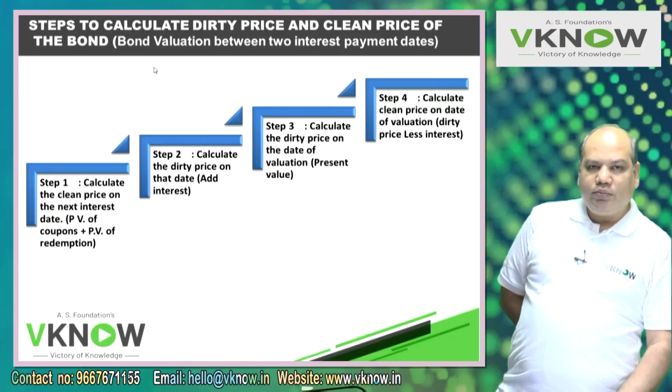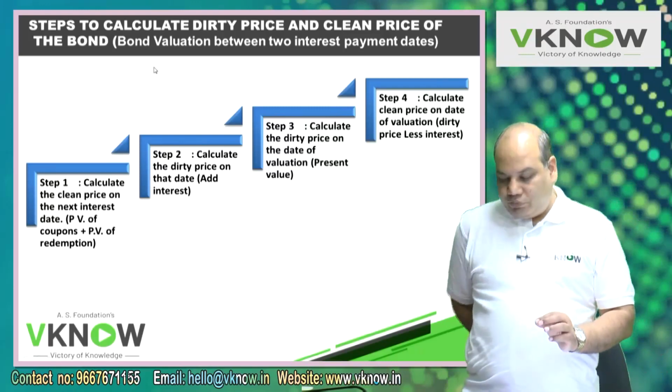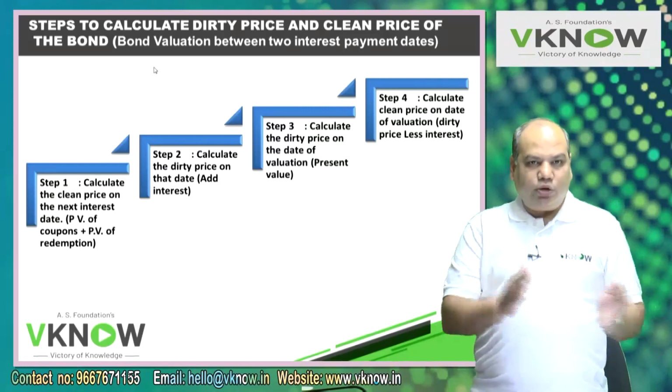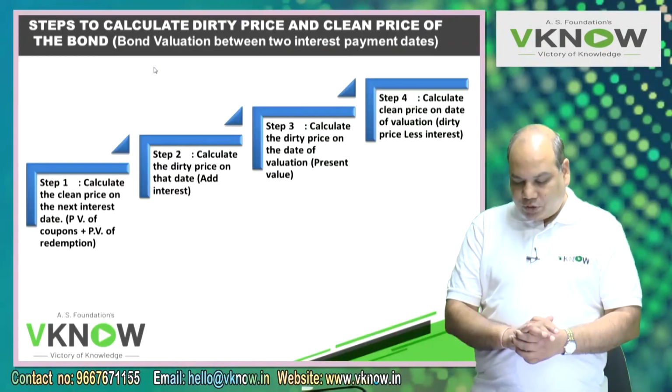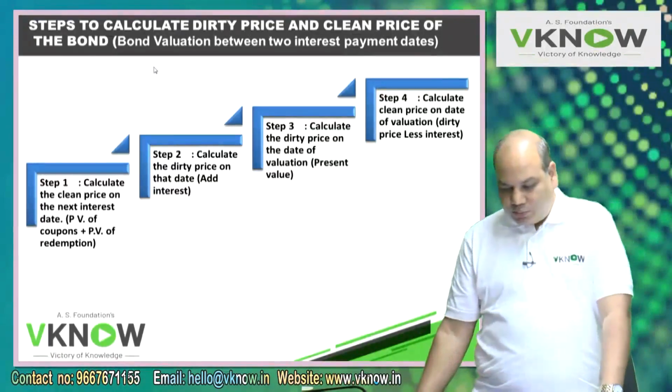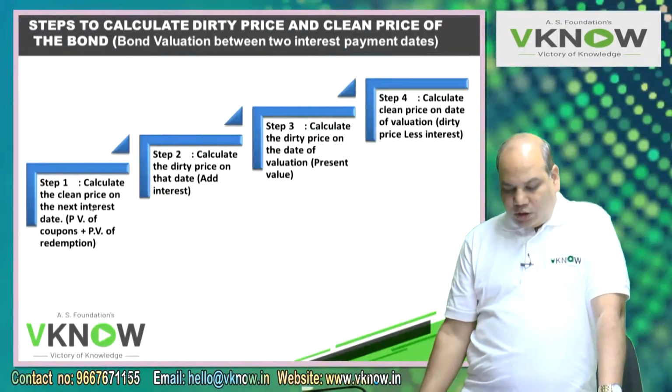So first you write it, immediately we'll take a problem so that you can connect the theory to the practice. So first write down in your notebook step 1, calculate the clean price on the next interest payment date.